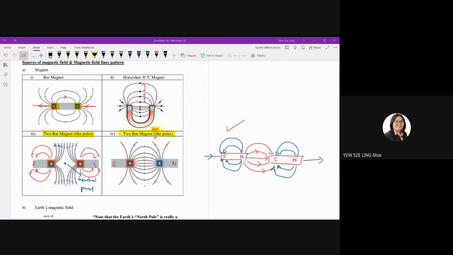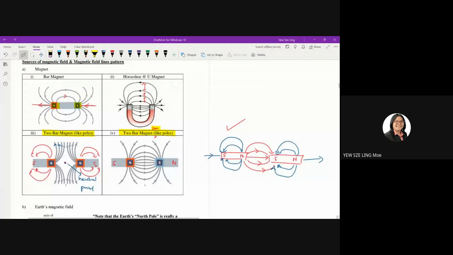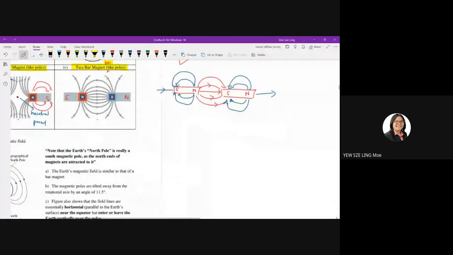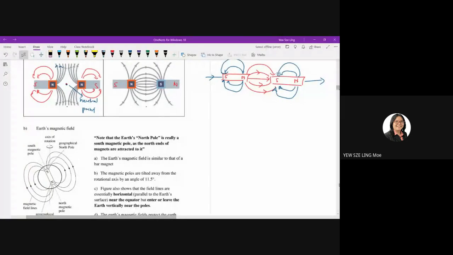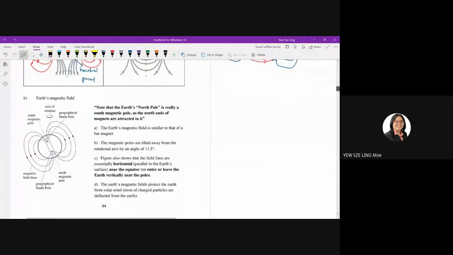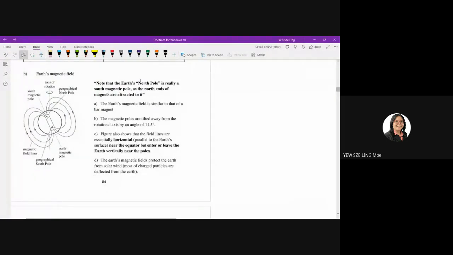Okay, so now let us go through the Earth magnetic field. Earth magnetic field, note that the Earth North Pole is acting as, don't get confused, we have 2 different poles at every position.